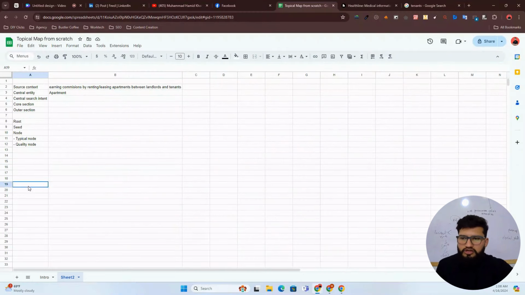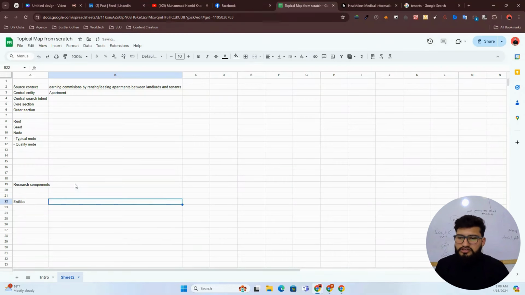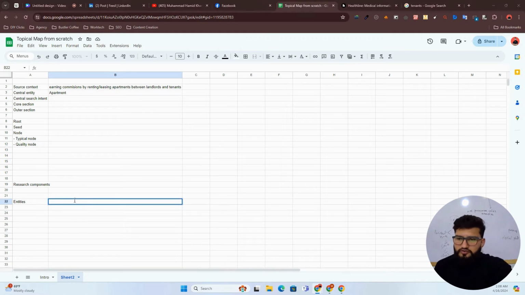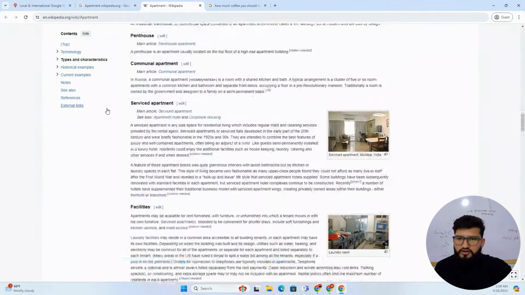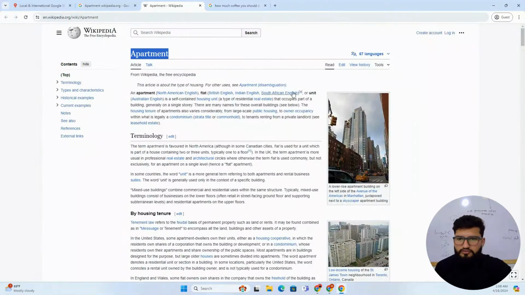Okay. So first of all, let me write some research journey, or you can say research components. First of all, entities, the main entities within our central entity. What are the main entities that users are searching for and that are very relevant? So I would write down the derived entities from the start.